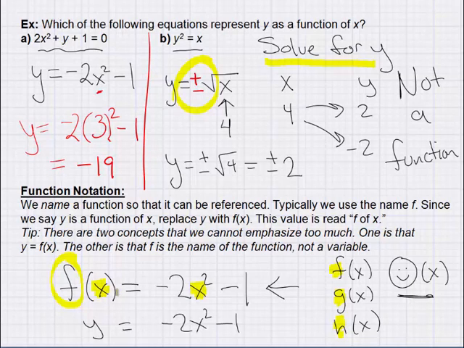The variable inside the parentheses, remember this is read f of x, is the independent variable, okay? It's the domain variable. It's the starting variable. And that should be the same here. We can change that variable, but we have to make sure that it all matches up.